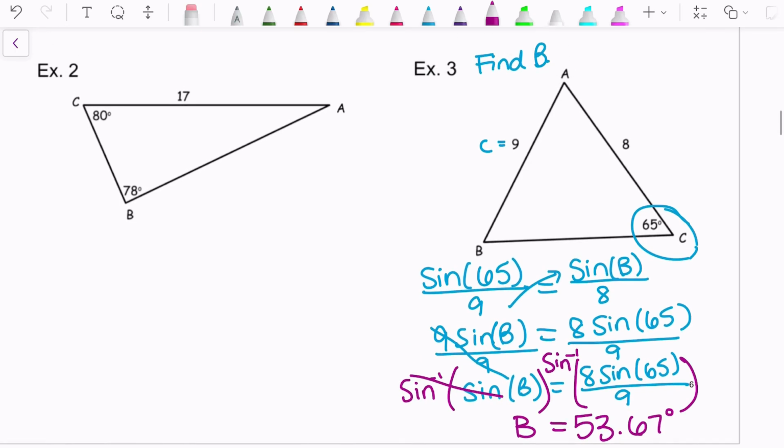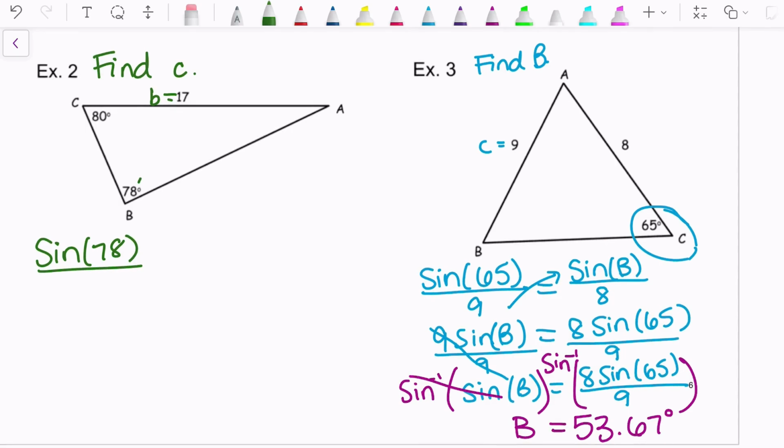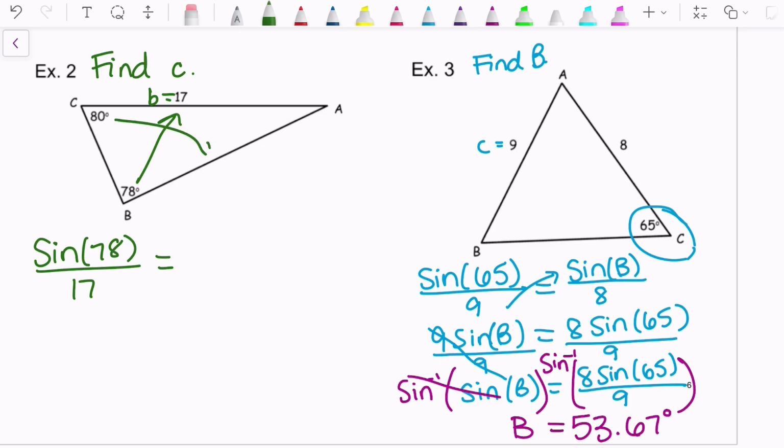I'm going to pretend that this one wants to find side C, little c. So I look for a pair. I have my pair of B's. I have angle B, so the sine of 78, over its side, which is 17. I want to find side C, so I'm going to do the sine of its angle, 80, over little c.